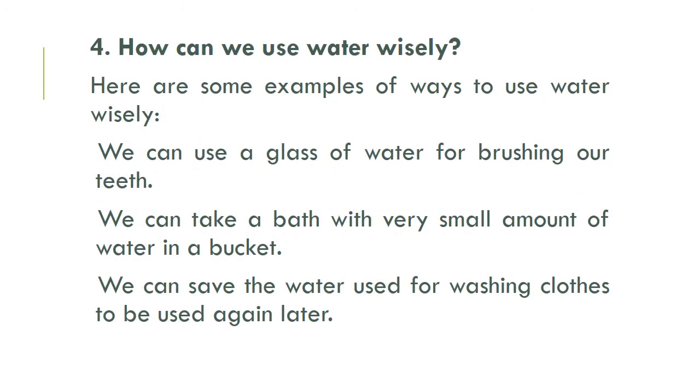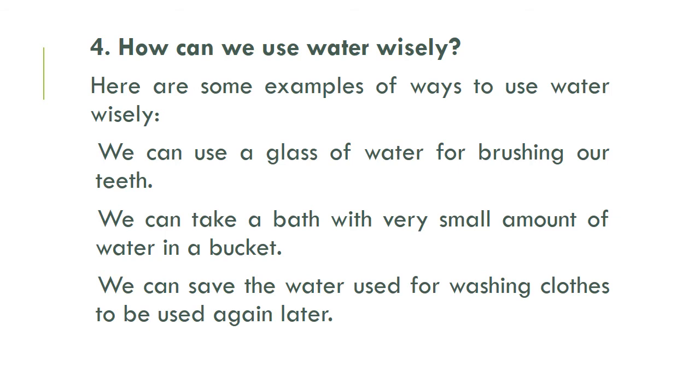Question 4. How can we use water wisely? Here are some examples of ways to use water wisely. We can use a glass of water for brushing our teeth. Take one glass of water, wash your brush and gargle with it, and then wash the brush with it and get done with it, instead of using the running tap water or keeping it on for the time you brush your teeth.